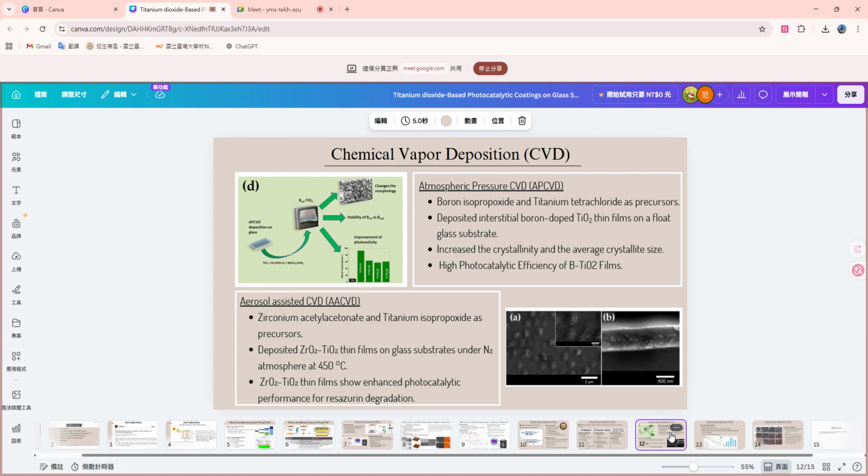The boron TiO2 exhibited superior photocatalytic properties for the degradation of salicylic acid.